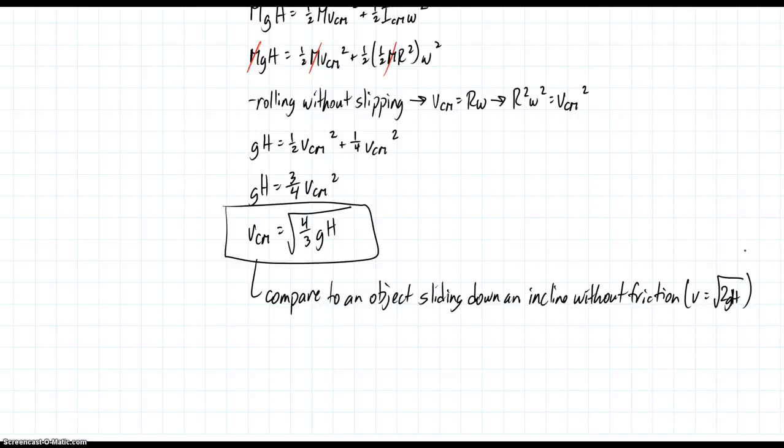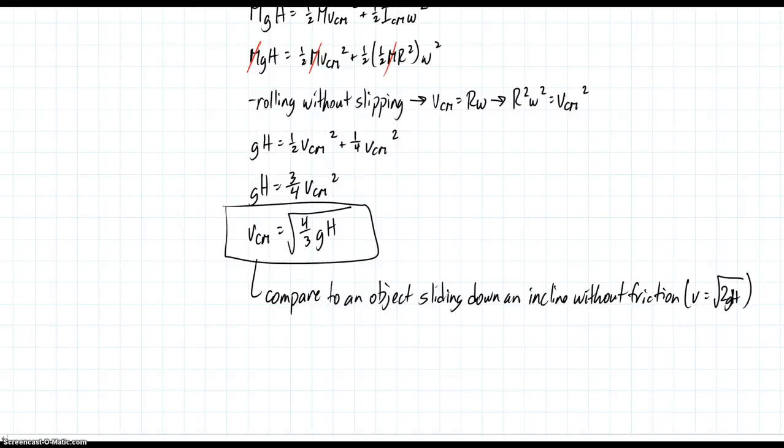All of that gravitational potential energy is going into motion of the object through space. Here, not all of that energy is available to go into translational kinetic energy. Some of it has to go into how the object is rotating. And so it does make sense from an energy standpoint that this cylinder rolling down the incline would be moving slower at the bottom than an object simply sliding down the incline without friction.